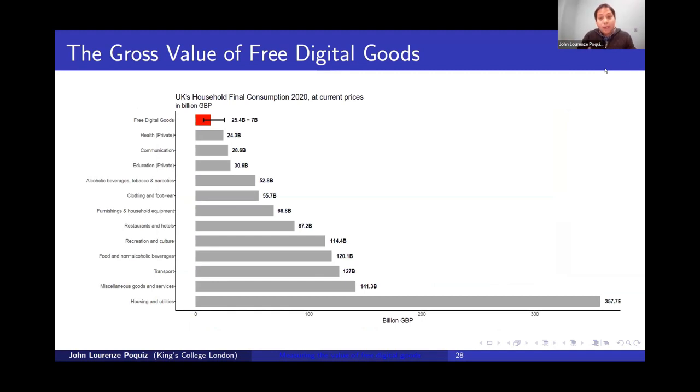At least for the three digital services that we accounted for in this estimate, we find that the median value is around half of the value for the whole consumption of communication, around 7 billion to 25.4 billion, with the maximum value at around 25.4 billion.